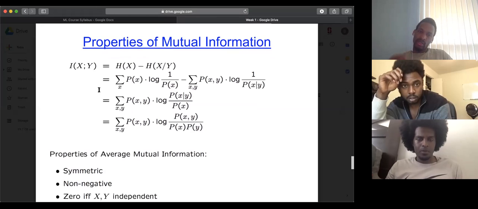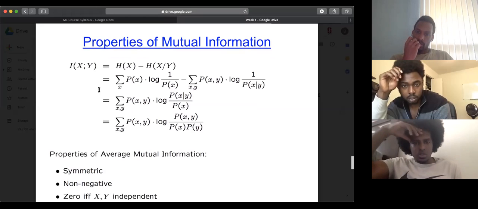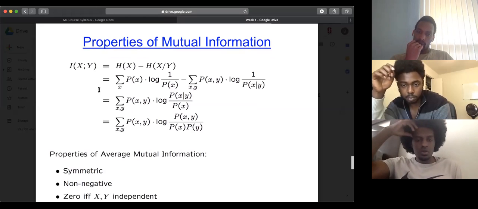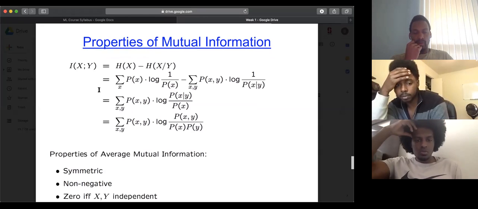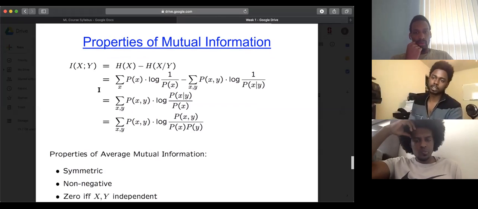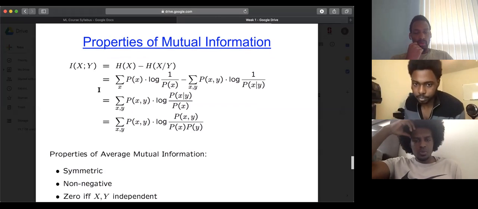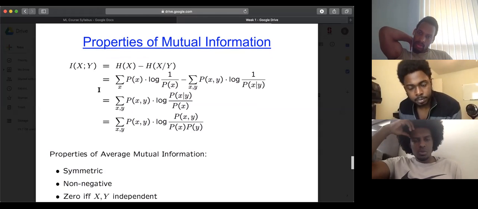Okay, let's see what they did. It might not be important. It might be more important just to know it, and just because I know my log rules doesn't mean I can't understand this, right? Oh, actually, I think I see it.